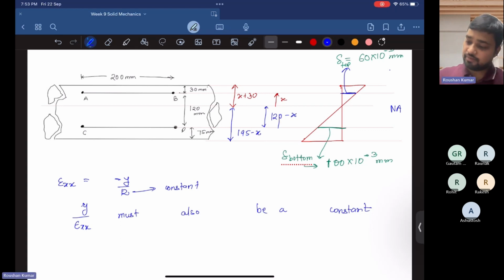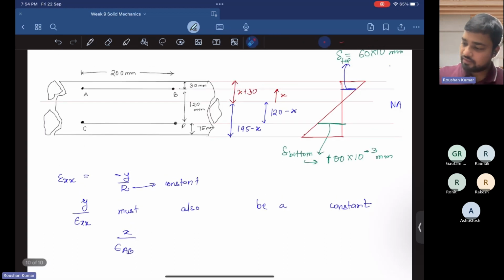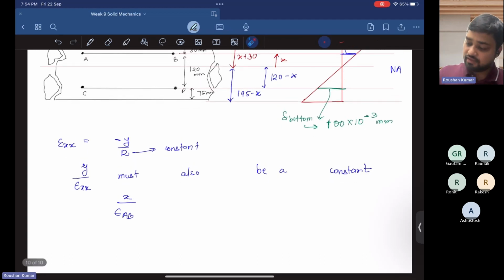So x by epsilon AB, because this distance is x, is equal to x minus 120 upon epsilon CD.